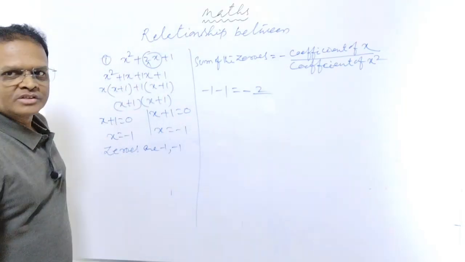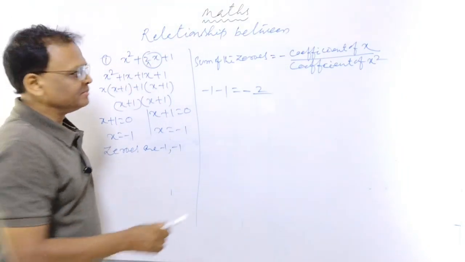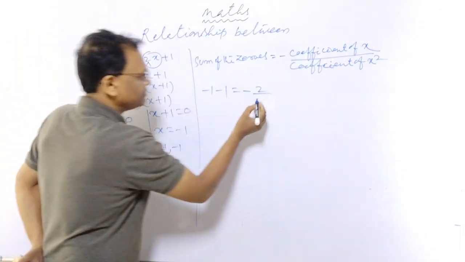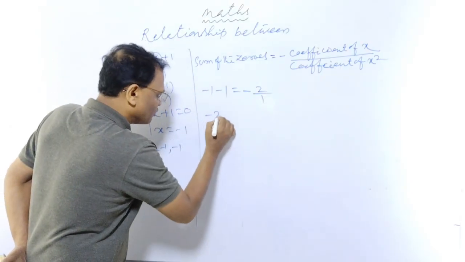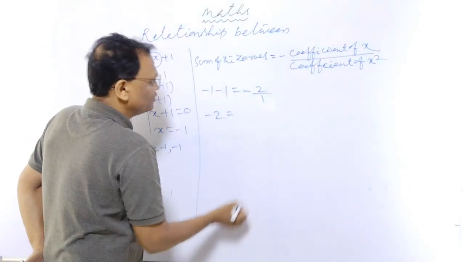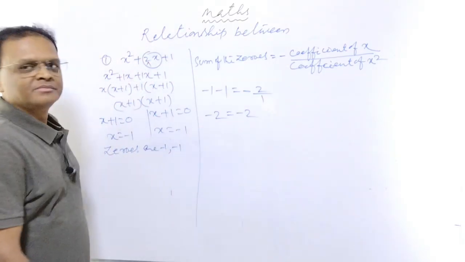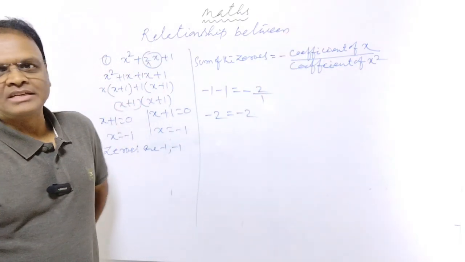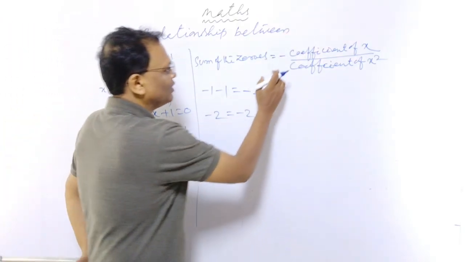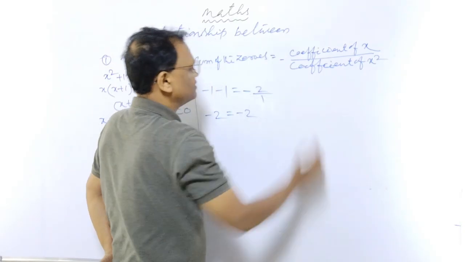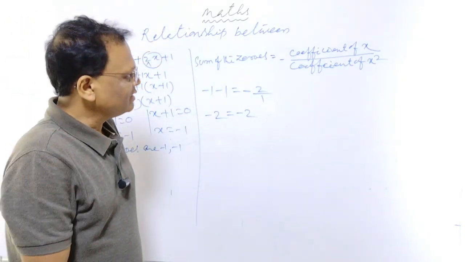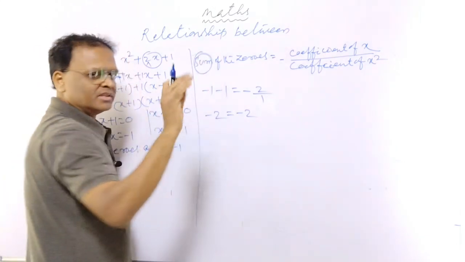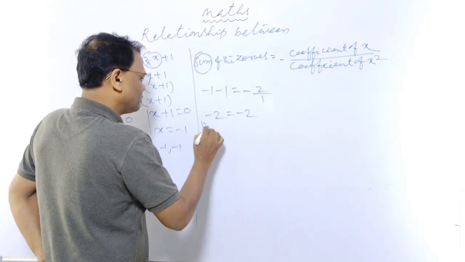Coefficient of x divided by coefficient of x square, which is 1. So minus 2 by 1 is equal to minus 2. Both are equal. Therefore, sum of the zeros is equal to minus coefficient of x divided by coefficient of x square. You can write the minus sign here also, no objection. So this part is the sum of the zeros. The second part is the product of the zeros.